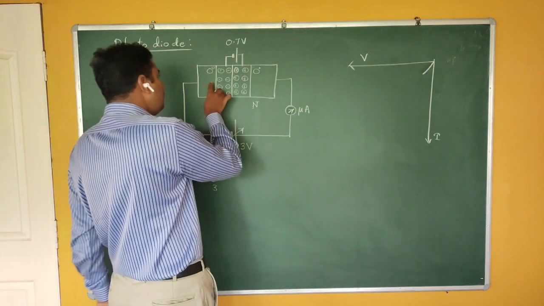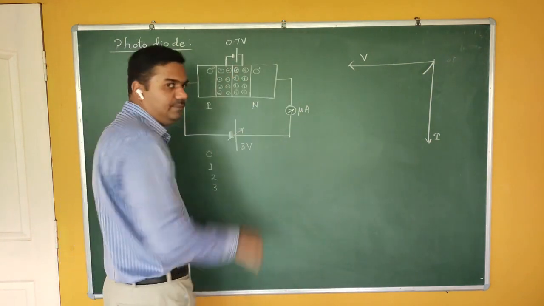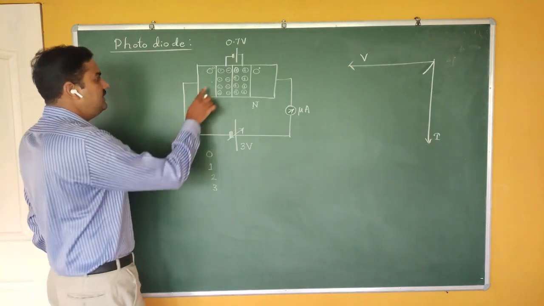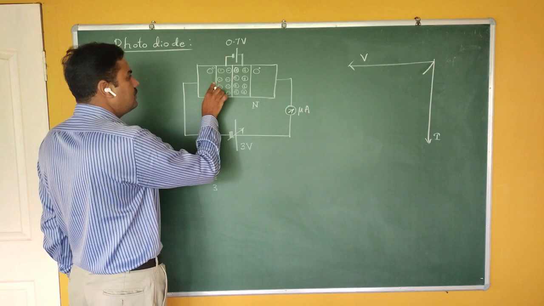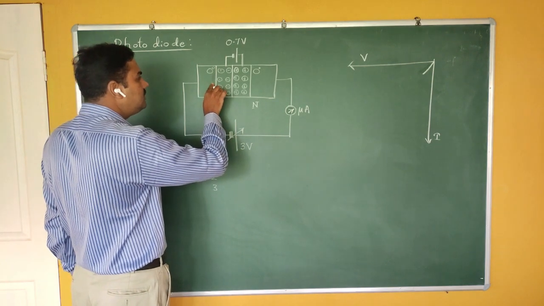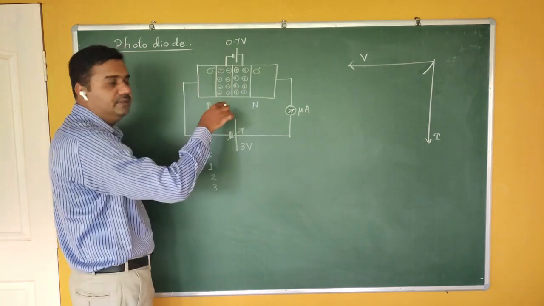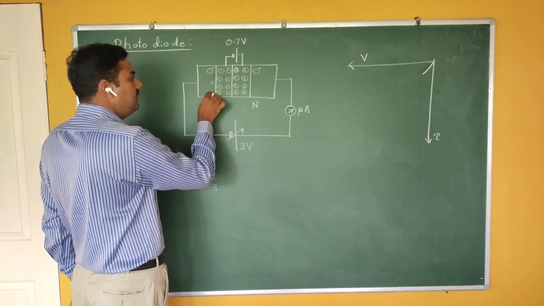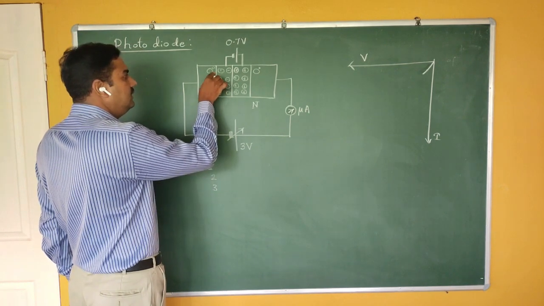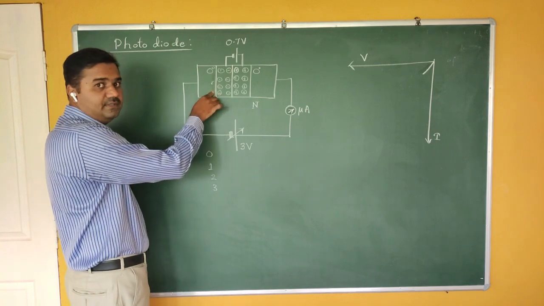As the electrons cross from p to n type, the electrons present in this part are crossing from this part to this part, so you will find some deficiency of electrons here.